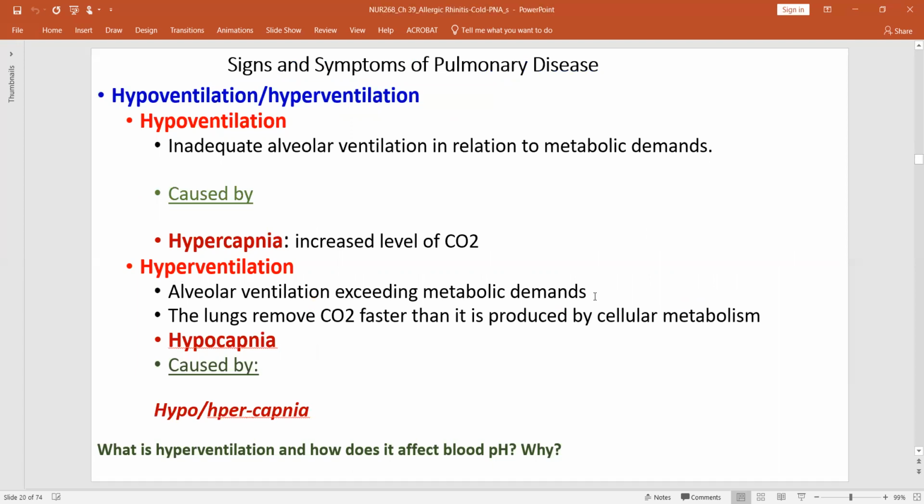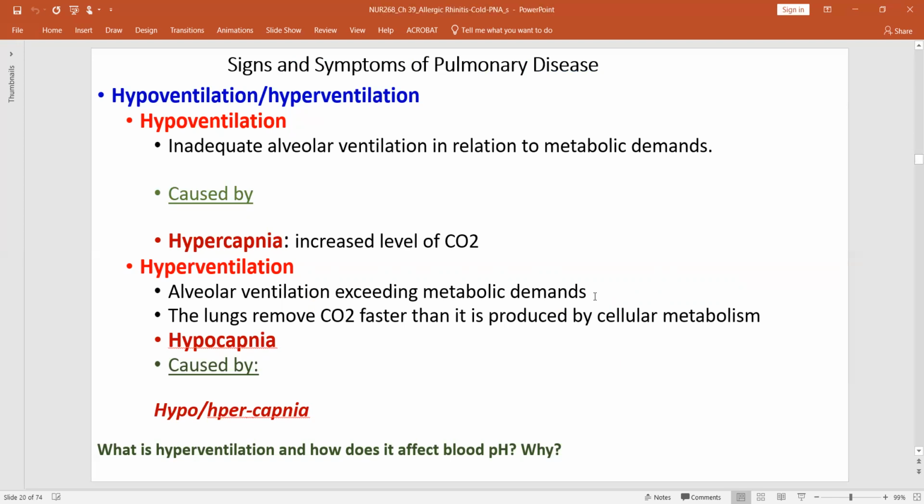Hypoventilation is inadequate alveolar ventilation in relation to the metabolic demands. That will occur when the minute volume is reduced, which is usually caused by an alteration in pulmonary mechanisms or an alteration in the neurologic control of breathing. Hypercapnia is the increased level of CO2, carbon dioxide, in the blood.